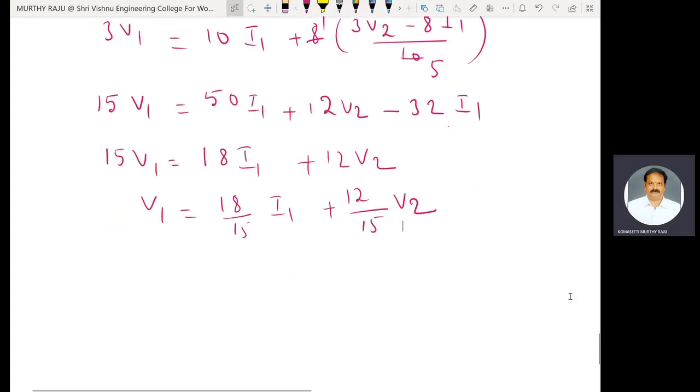From this expression, compare with the H parameters. First equation, V1 is equal to H11 I1 plus H12 V2.